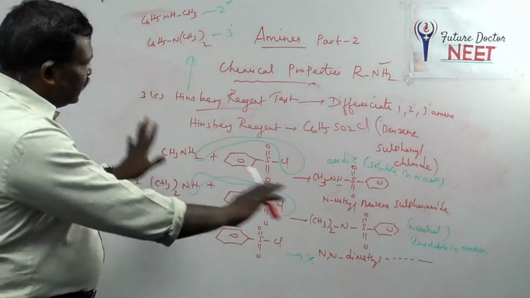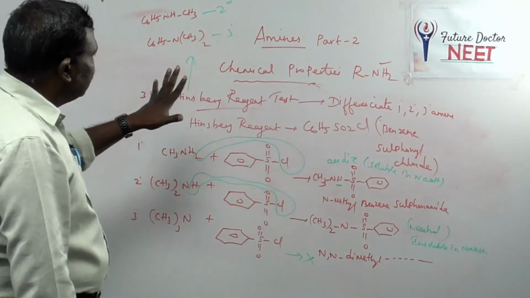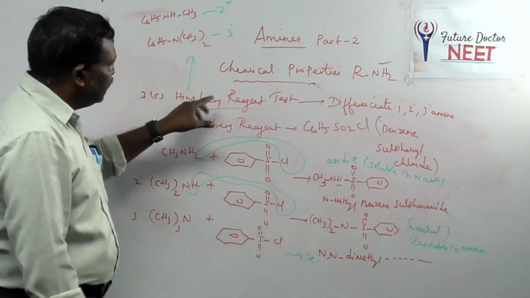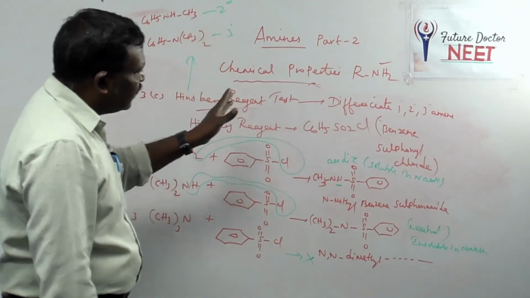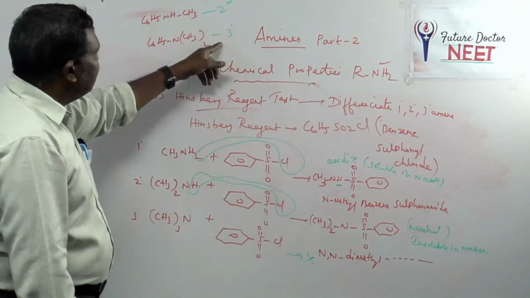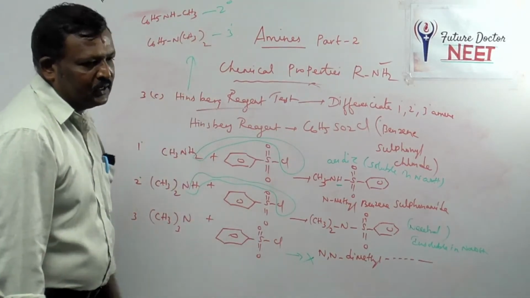They won't ask any equation and all. So study the equation, but you must know what Hinsberg reagent is. It is the test to differentiate all kinds of amines. Especially secondary and tertiary amines are differentiated only by the Hinsberg reagent test.